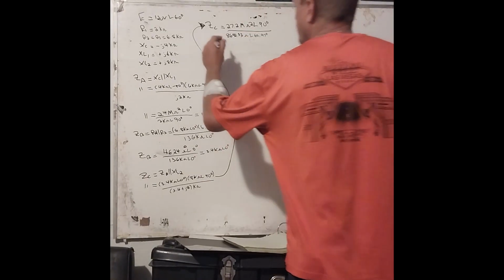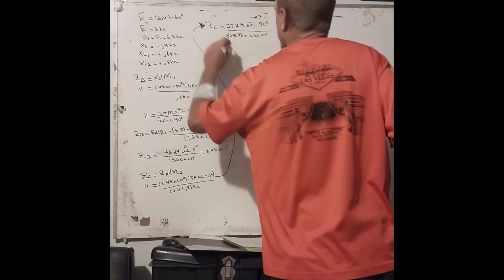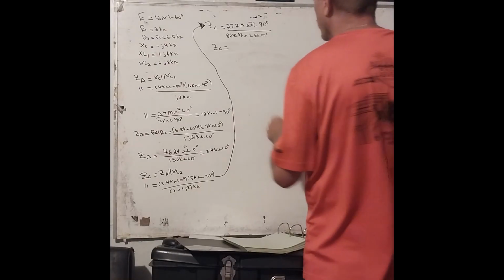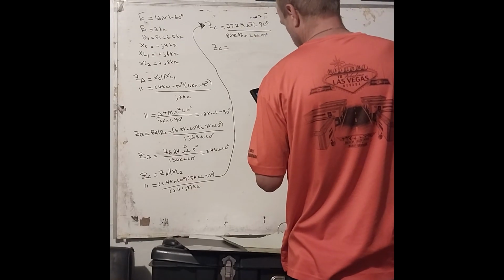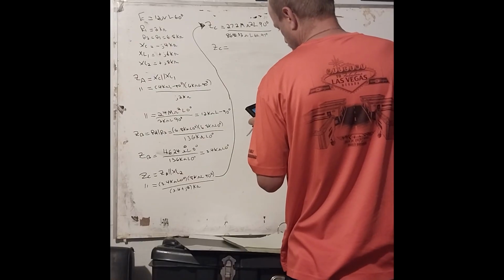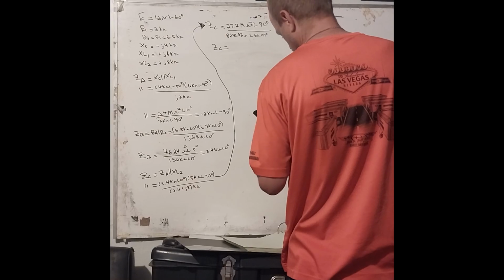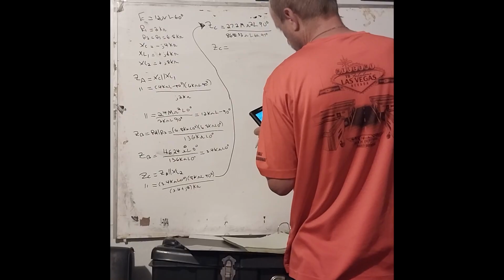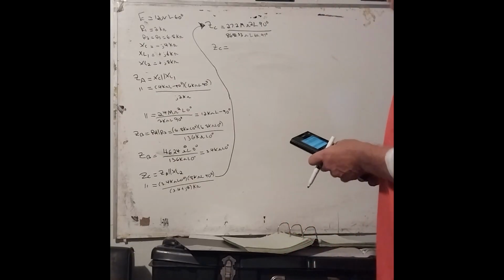All right, so to calculate Z sub C, we take this value divided by that value, and then 90 minus this, 66.97. So the 27, now I'll divide that by 8692.